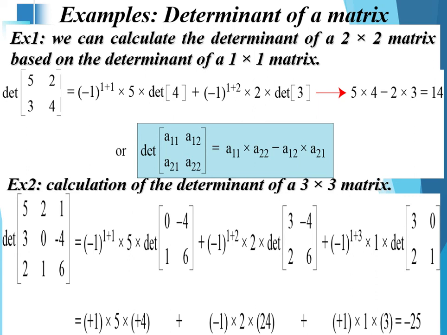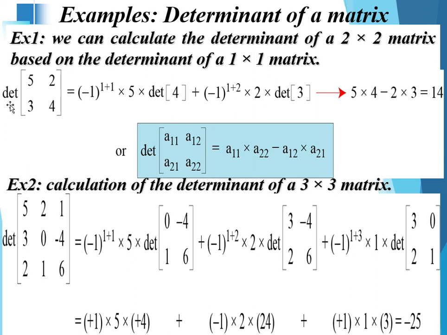Here, with this example, which shows a 2 into 2 matrix, based on the determinant of a 1 into 1 matrix, first we perform the determinant with step number 2, where m is greater than 1.